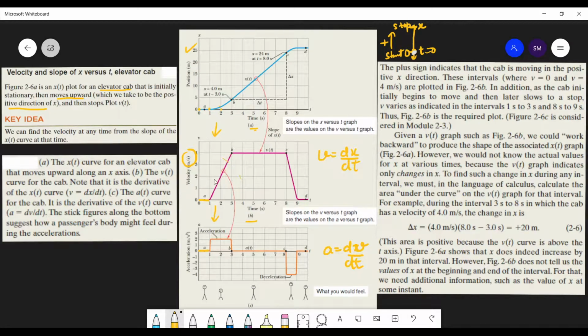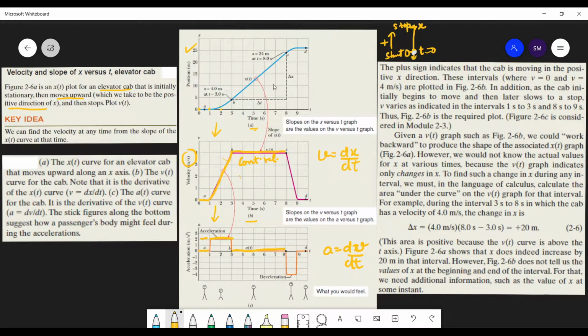So now here the slope is constant and the slope is 2. So acceleration is constant. Is this clear? Now you have slope as 0, so constant velocity. Velocity is not changing, so there is no change in velocity, so acceleration is 0.